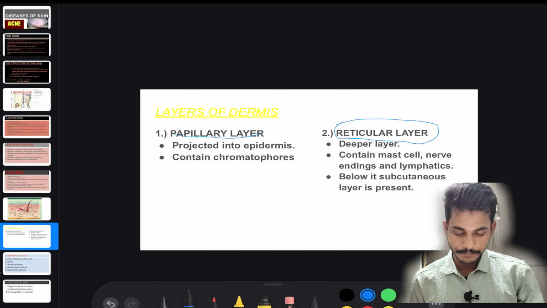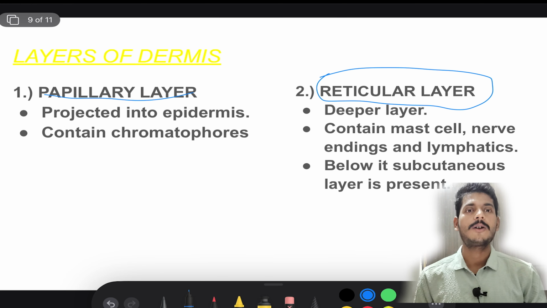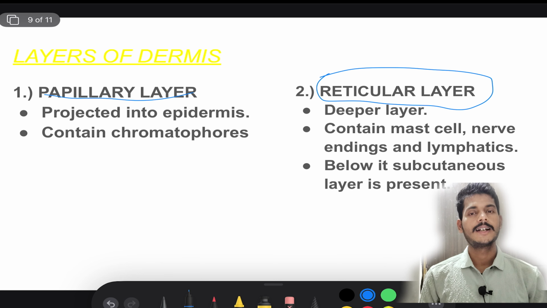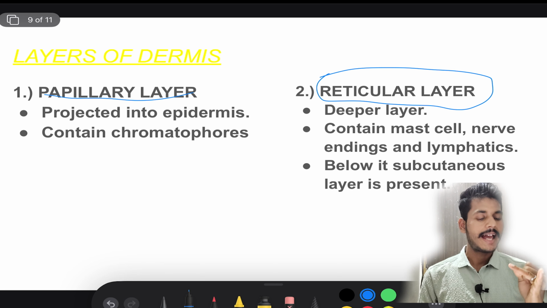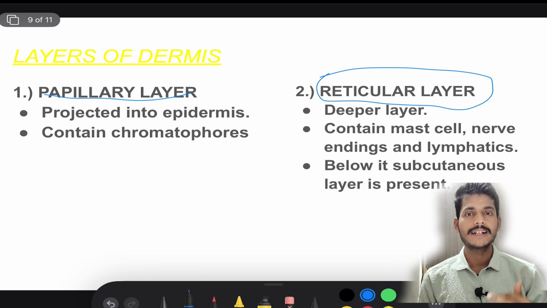Fine. Now what things did we discuss? We discussed that skin consists of two principal layers. The upper one is called the epidermis, and the next layer is called the dermis. And both layers have their own characteristics.